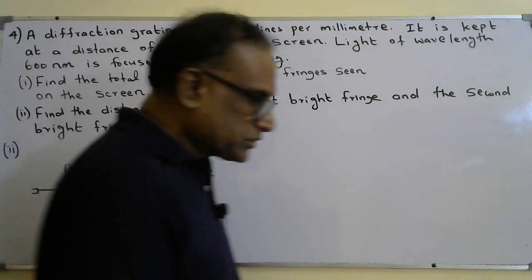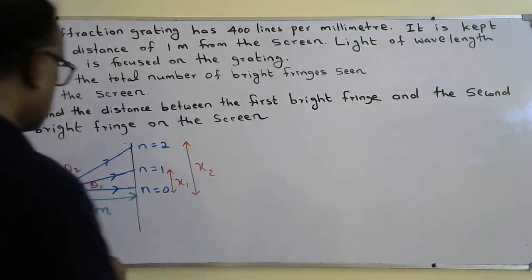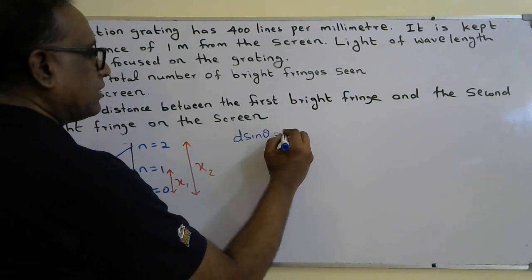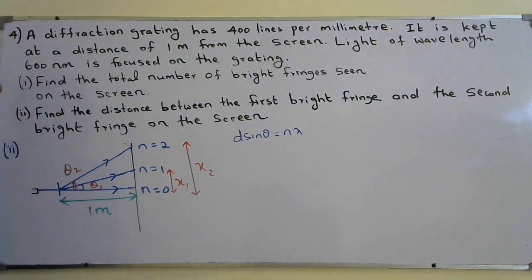So I'll use the first equation, d sin theta equals n lambda, for the first order. I need to find d first. I already found d in the previous part, that is 2.5 into 10 to the power minus 6.